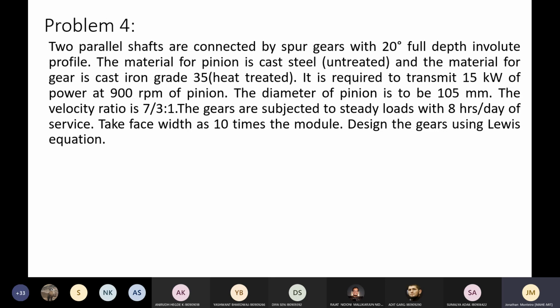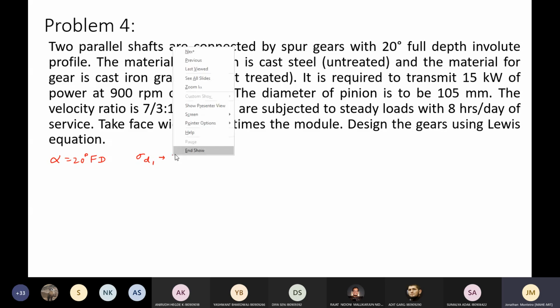Okay, so we'll just take down whatever is given. Two parallel shafts connected by spur gears, 20-degree full depth. So alpha is 20-degree full depth involute profile. The material for pinion is cast steel, so we are talking about sigma D1 here.